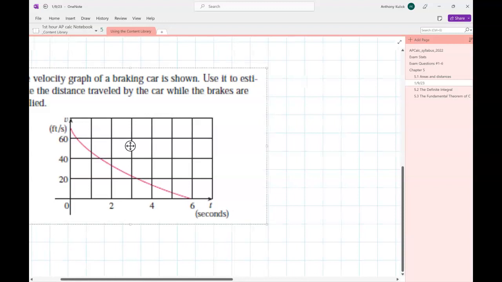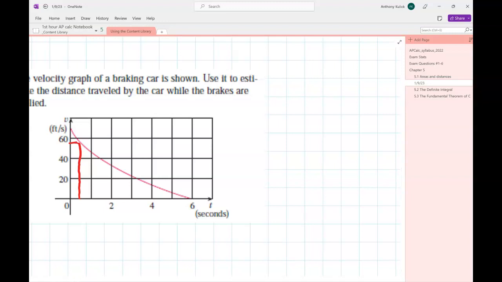So what I would probably do is something like that. I'm just going to use 1 second intervals. I'm just going to use a midpoint to kind of estimate my height.